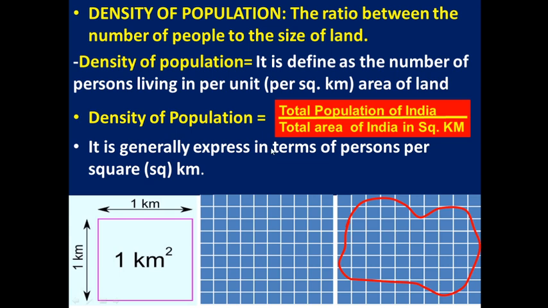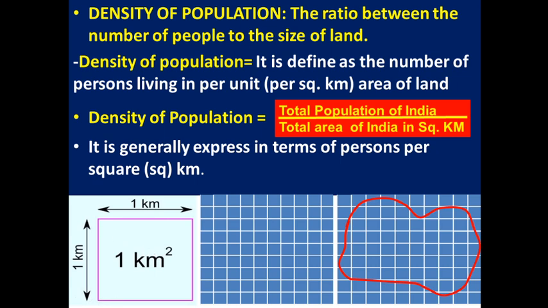Generally, we express the density of population in terms of persons per square kilometer. In India, how many people are staying per square kilometer? 382 people. But if we talk about China, it is 140 persons per square kilometer.